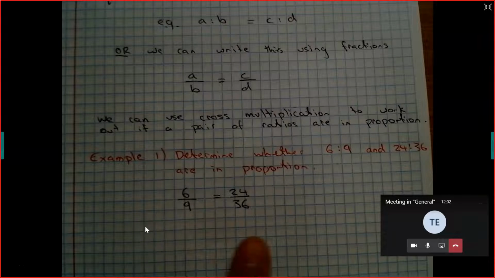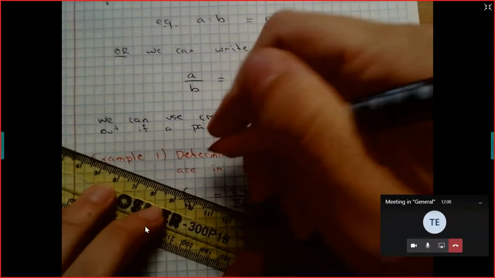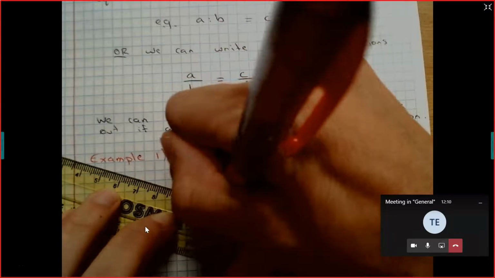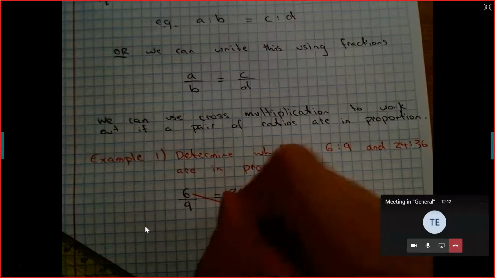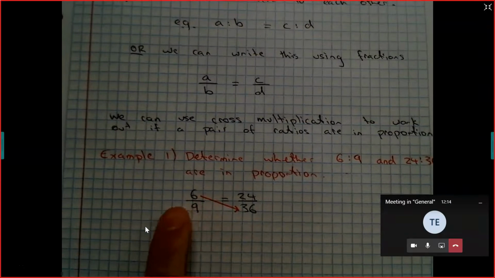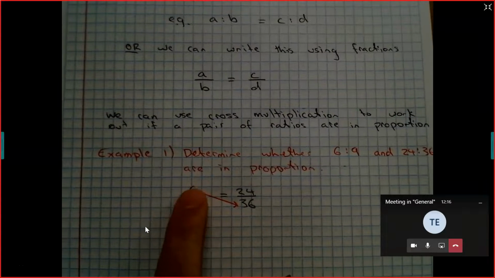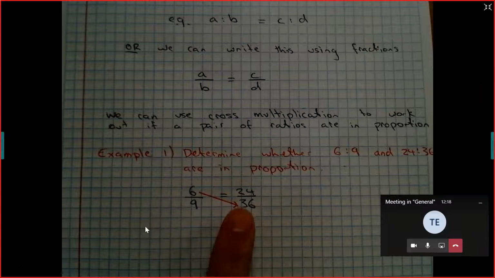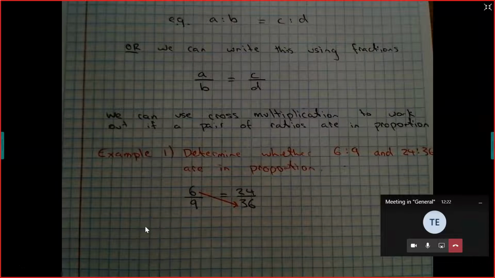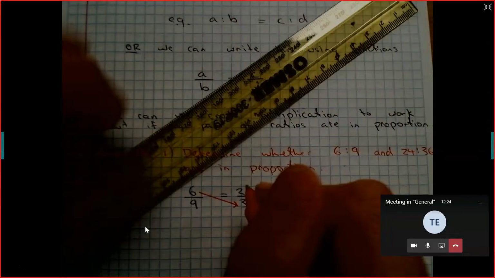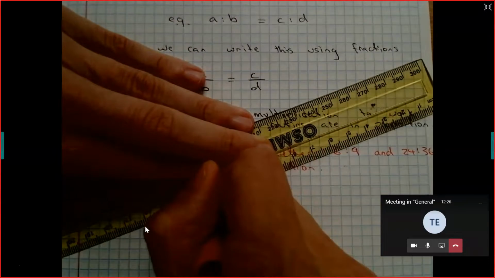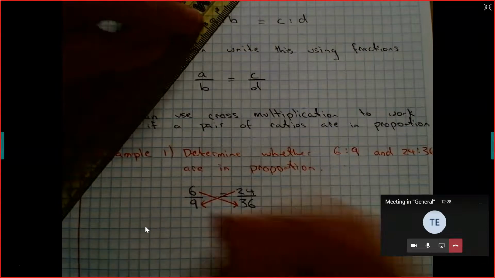I don't know how many people have seen cross multiplication before, so this may, for some people, be new. But basically, if you've got two fractions which are equal to each other, when we're cross multiplying we multiply the numerator on this side by the denominator on that side, and this numerator by this denominator. This is what we call cross multiplication.